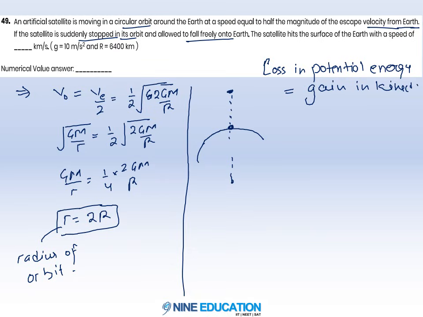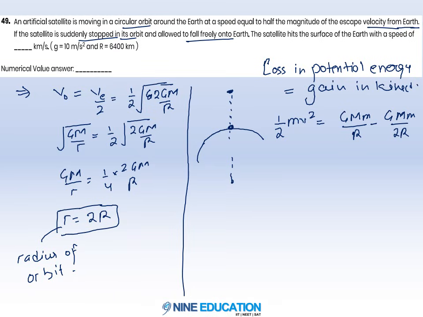So how much is the loss in potential energy? Loss in potential energy is the gain in kinetic energy, half mv square, and loss in potential energy is GM by R minus GM by 2R.